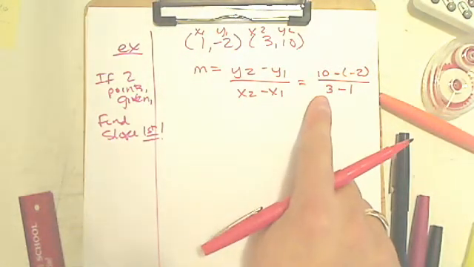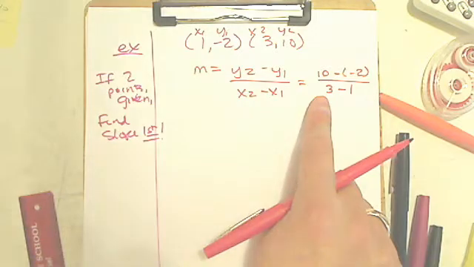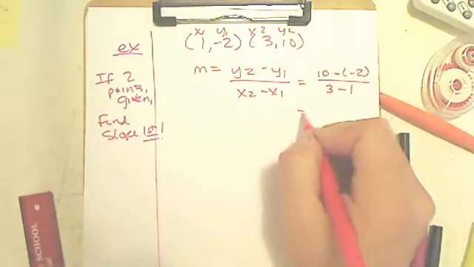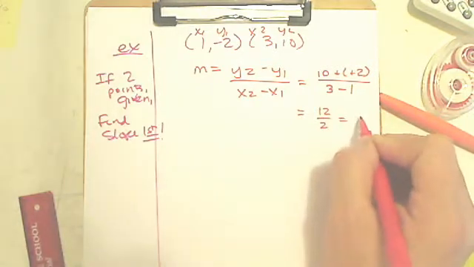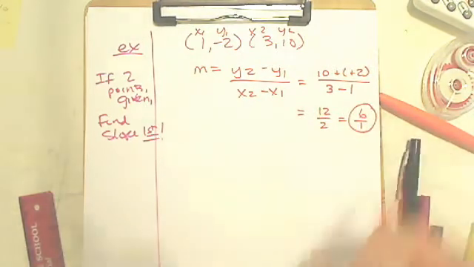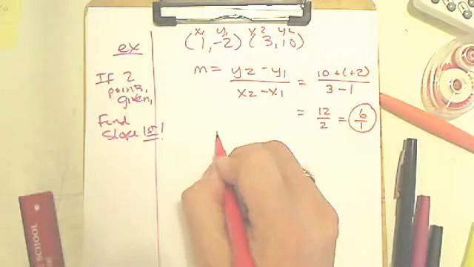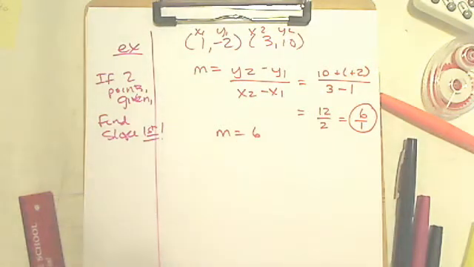Questions in how I got the slope? Simplify it. 10 plus 2 is 12 over 2, which is actually 6 over 1. That's my slope, people. My slope is actually 6. Okay, here's a question. Do I have a slope? Yeah. Do I have points? Yeah. Very simple.